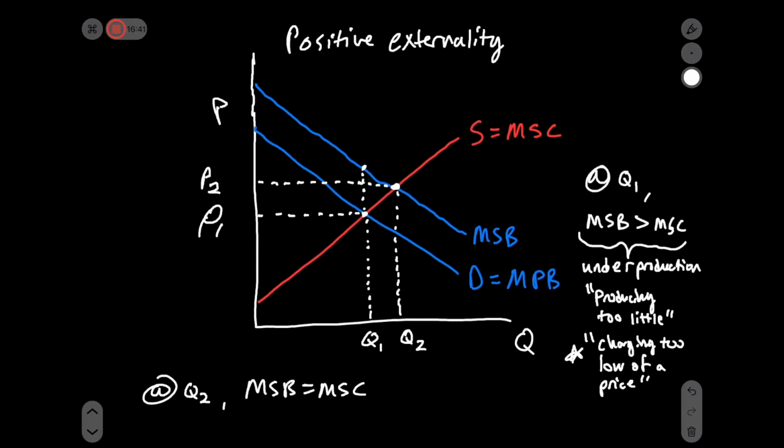Here, we're charging too low of a price, and this, I think, is a reflection of the fact that there's a free rider problem. So some people benefit, perhaps if this is the market for a vaccine, some people benefit from others getting the vaccine, because when someone else gets the vaccine, that's one more person, or I should say one less person, who can contract and transmit that disease to you.